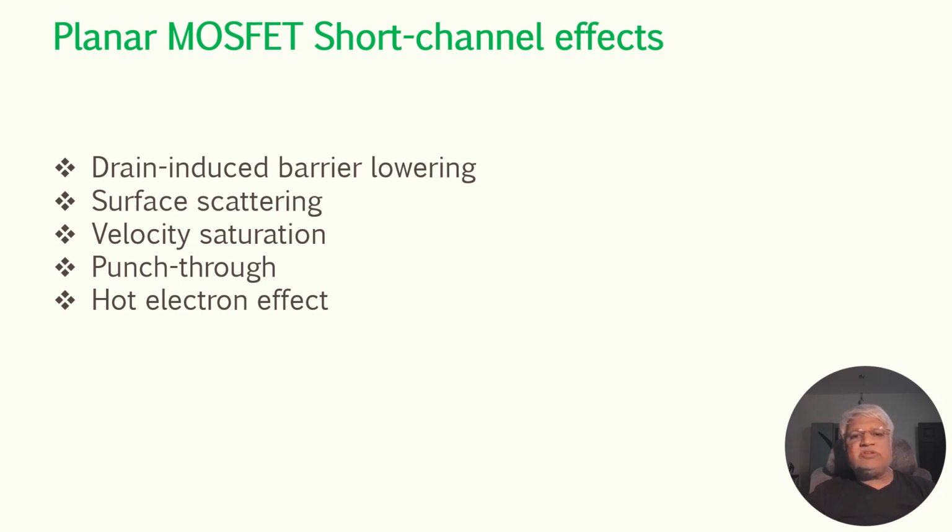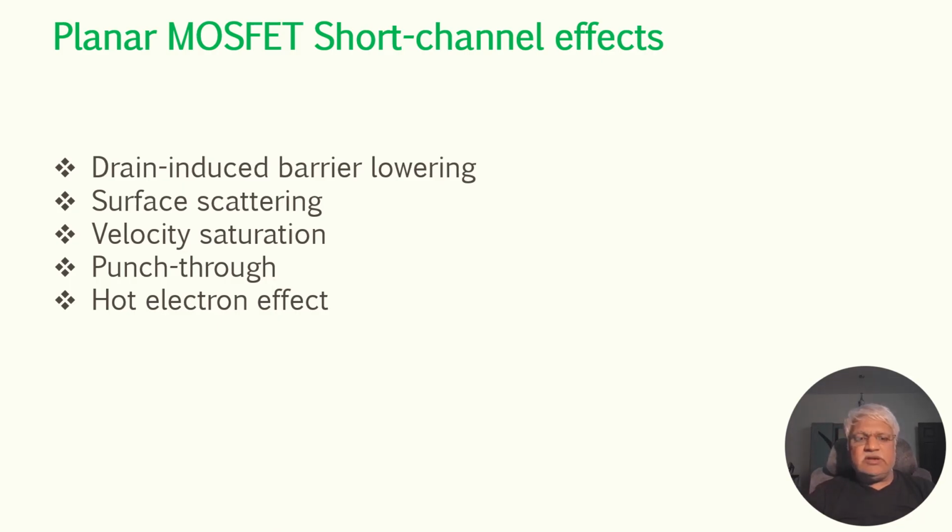The short channel effects are mainly attributed to two physical phenomena: the limitation imposed on electron drift characteristics in the channel, and the modification of the threshold voltage due to shortening channel length. We will discuss a little bit more about some of the short channel effects.